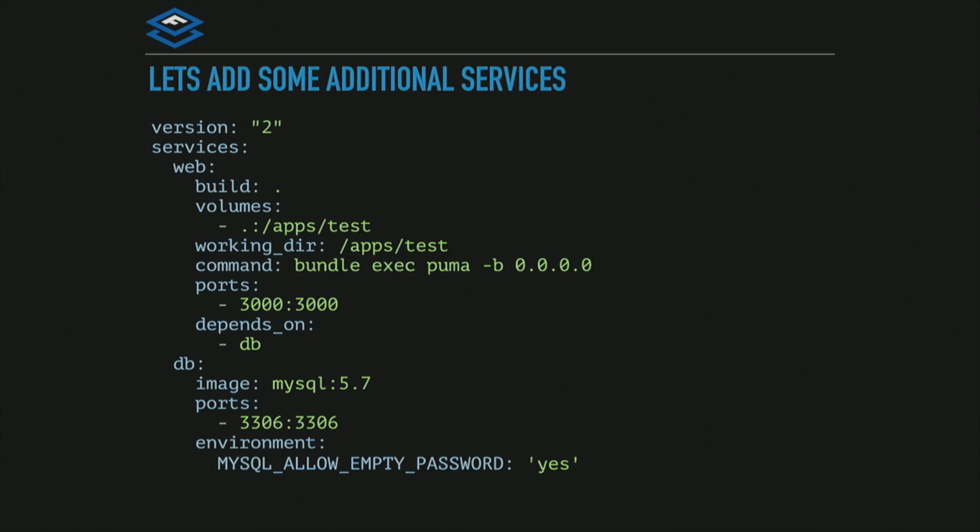So let's actually use Docker Compose to build a system. We're going to add another service. In this case, we're going to add a database service. We're just going to pull MySQL from the community MySQL, and we are going to expose port 3306 to ourselves.